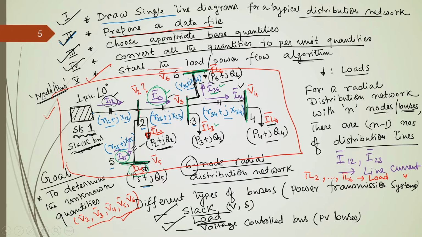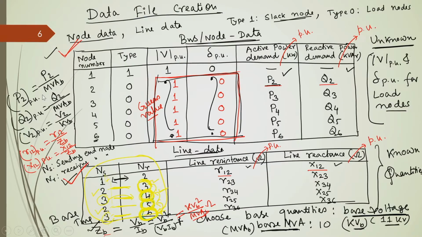In my last lecture, I discussed how to prepare these two important data files which are required for this power flow analysis approach, and this is how we use this node data and line data information in order to perform this forward backward sweep load flow.